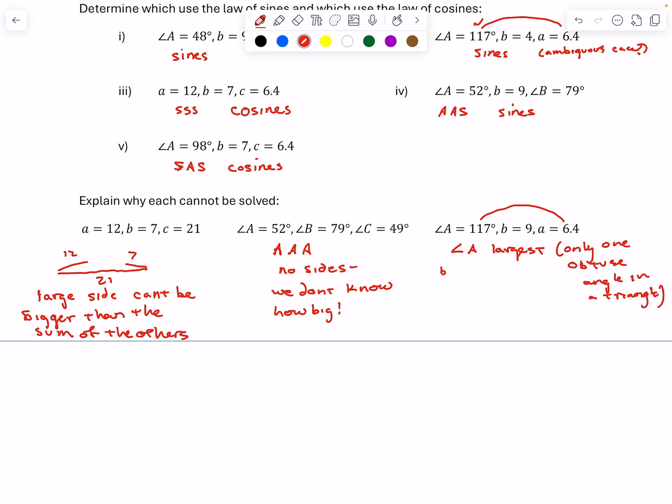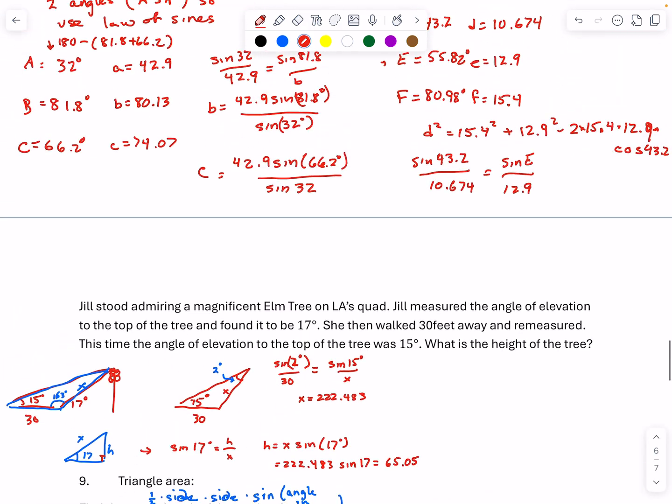But side A is not largest. So angle B would have to be even bigger than 117, and that's not possible. Okay, let's just see.